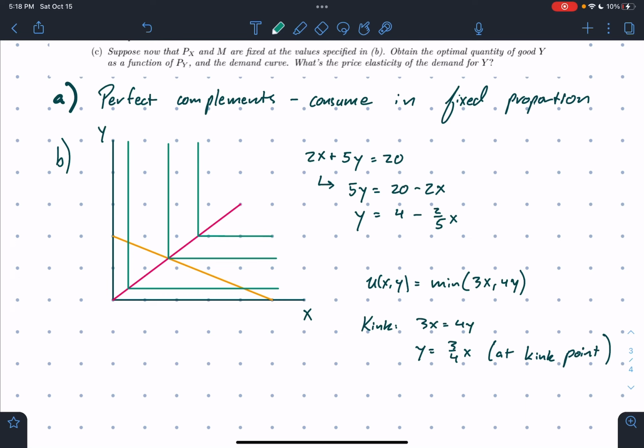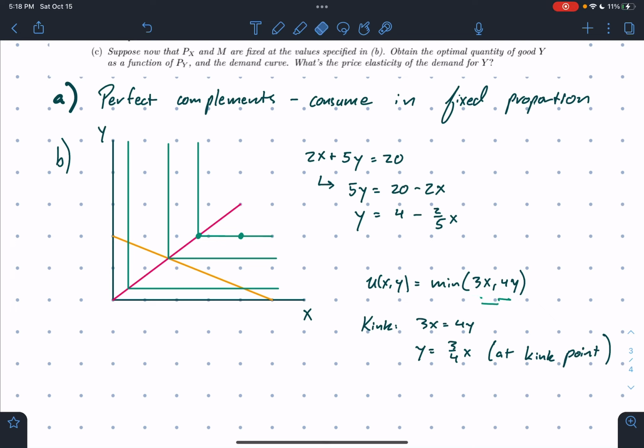Because at each point on this purple line, the minimum of 3x and 4y is the same, because we set 3x equal to 4y. I just rearranged this formula to get this line, which describes the points at which 3x is equal to 4y. So this is the set of all points for which that's true. Then for any point, say I'm here, and I increase the amount of x I have but don't increase y, I don't get any more utility, because I started at a point where 3x was equal to 4y.